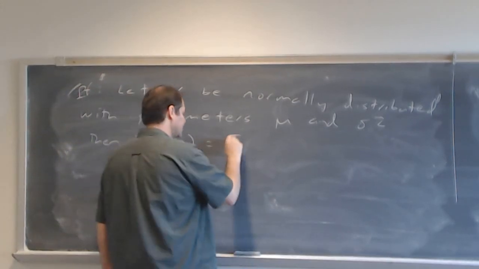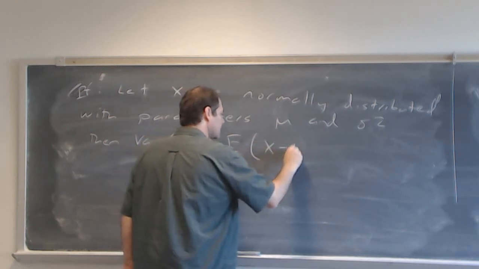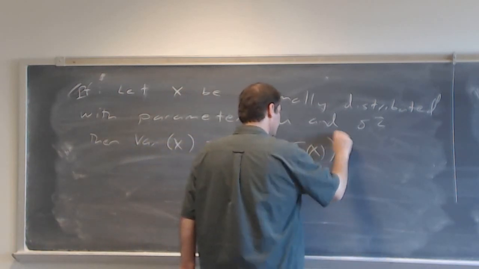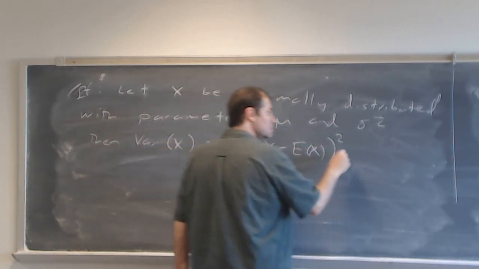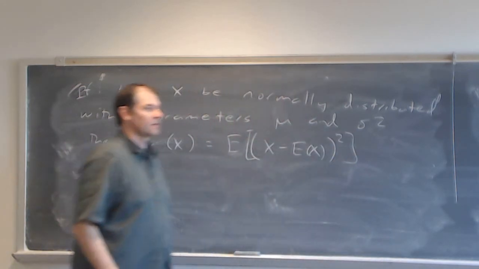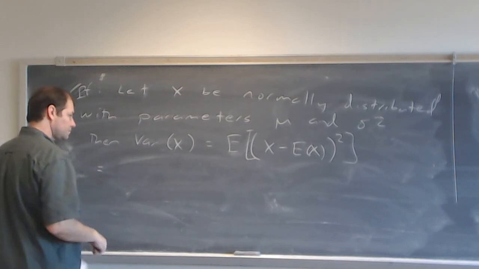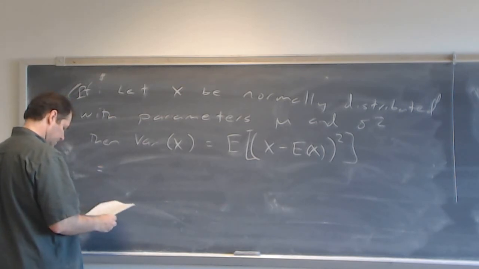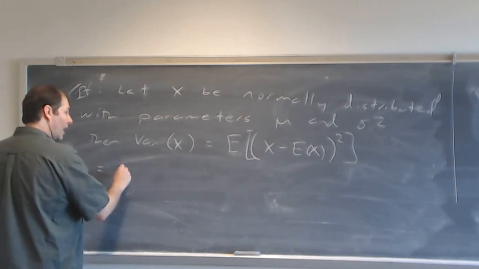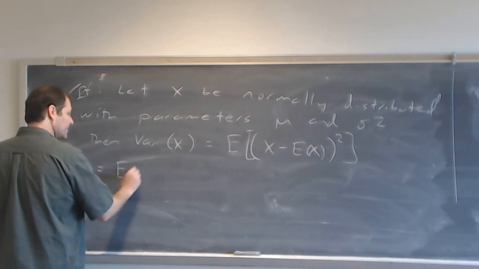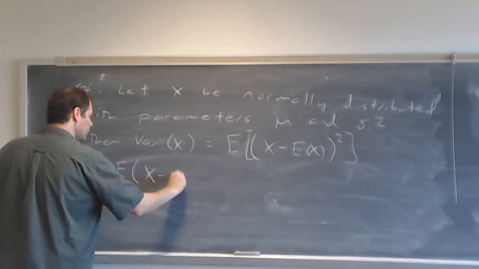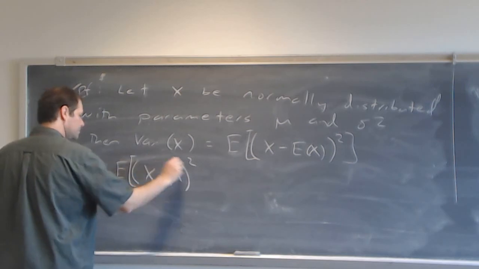This is equal to the expected value of x minus the expected value of x, all squared. And that's going to be equal to the expected value of x minus mu, squared.